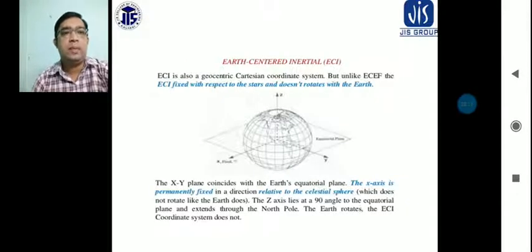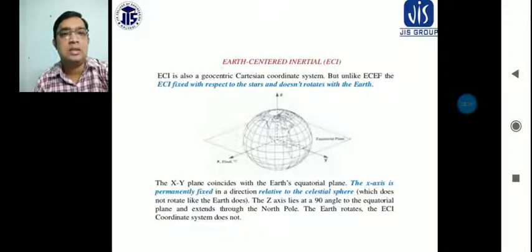And you can see the Earth-Centered Inertial, the ECI, is also a geometric Cartesian coordinate system. But unlike ECEF, the ECI is fixed with respect to the stars and doesn't rotate with the earth.